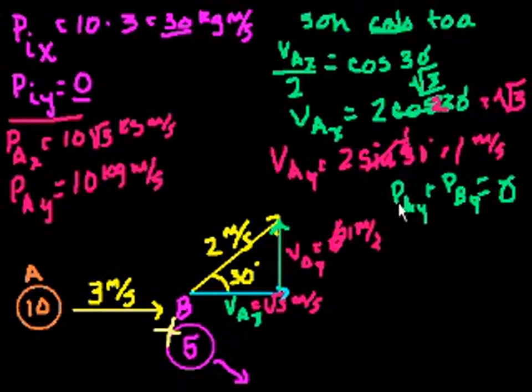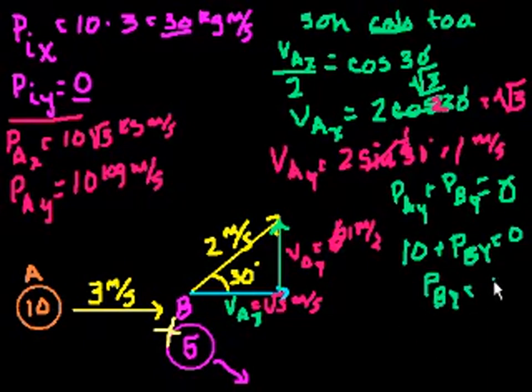We know the momentum of A in the y direction is 10 kilogram meters per second, plus the momentum of B in the y direction is equal to 0. Solving for this, just subtract 10 from both sides. So the momentum of B in the y direction is equal to negative 10 kilogram meters per second. You know the units.